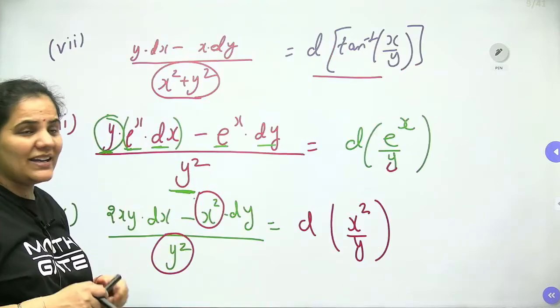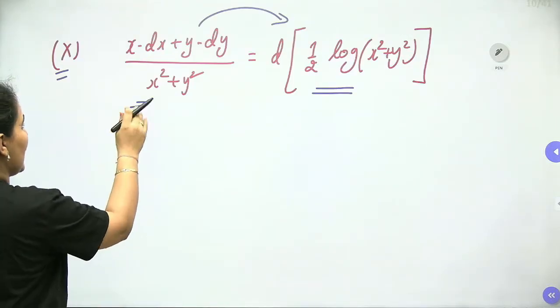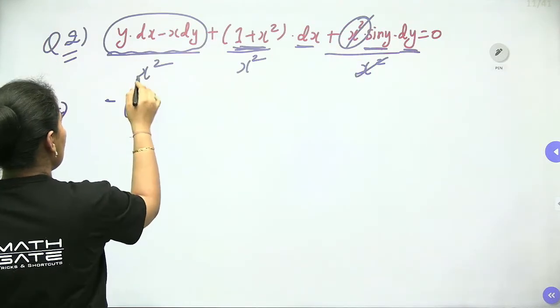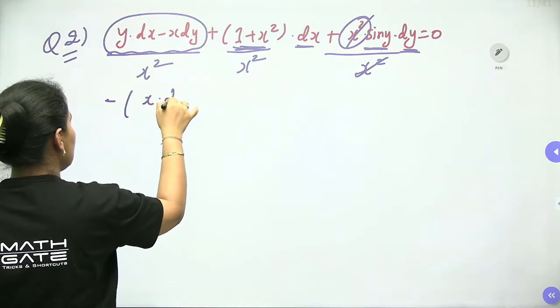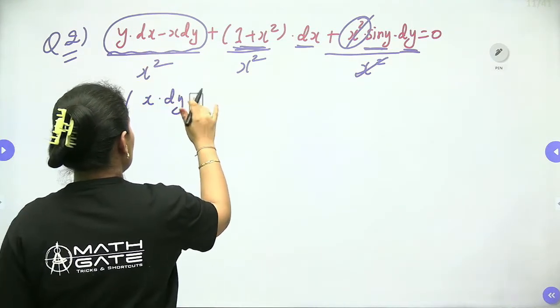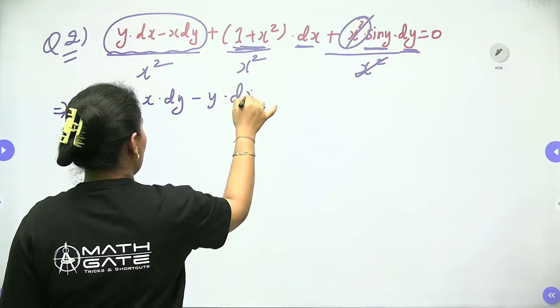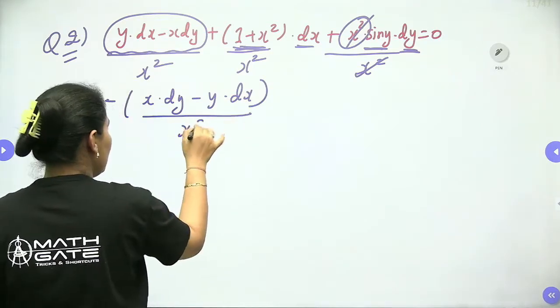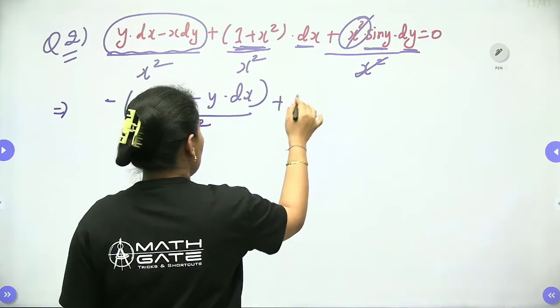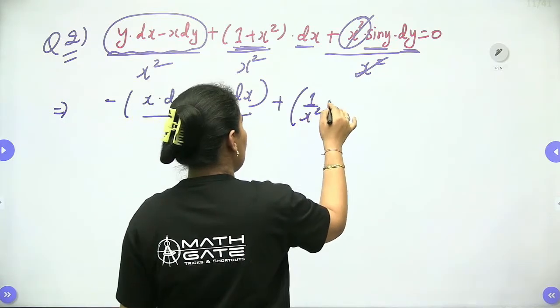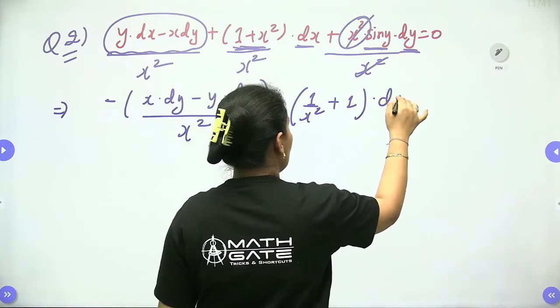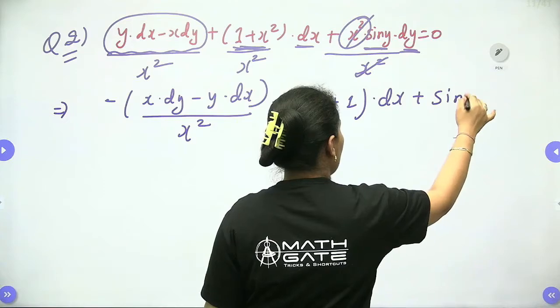We cannot change that x square, but we can change the sign, dear students. So I will write it as x dy minus y dx divided by x square, plus you can write 1 by x square plus 1, dx, plus sin y dy.